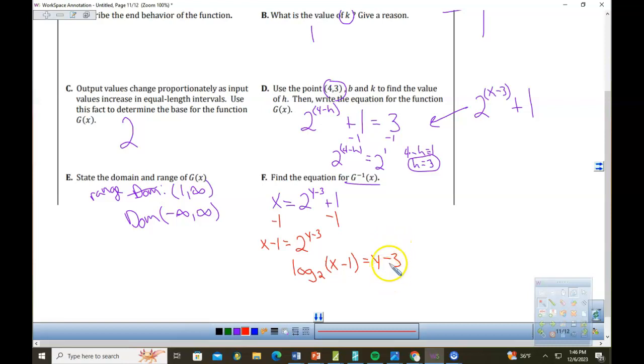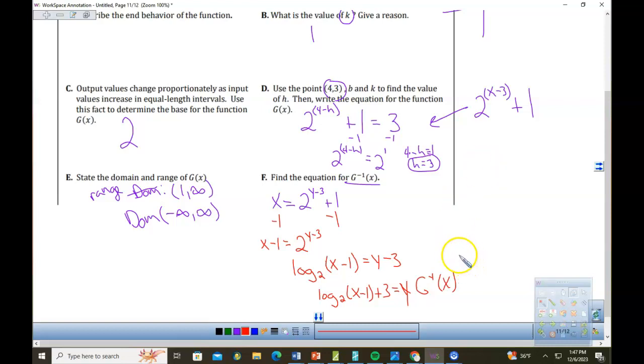So then I add a 3 to both sides. So I get log base 2 of (x minus 1) plus 3 equals y. Or, well, now I'm going to call it my g inverse of x. Hooray.